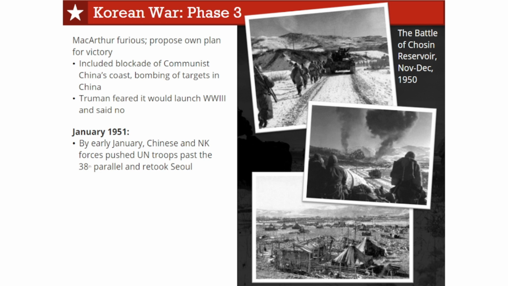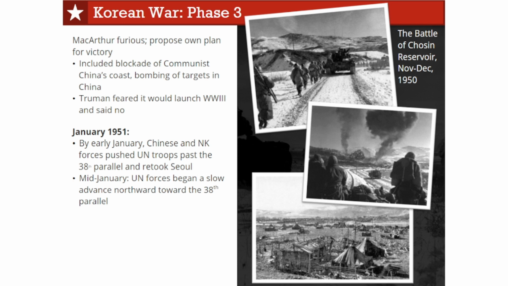By early January 1951, the Chinese and North Korean forces had pushed UN troops back past the 38th parallel into South Korea and retaken Seoul. By the middle of January, UN forces began another slow advance northward toward the 38th parallel, an advance many troops called the Meat Grinder.